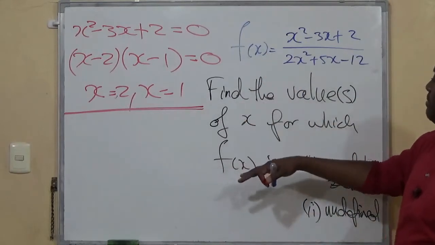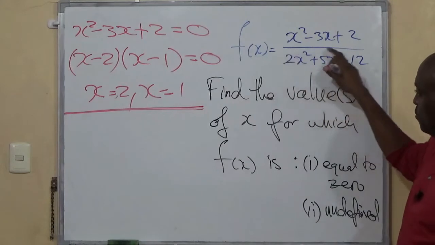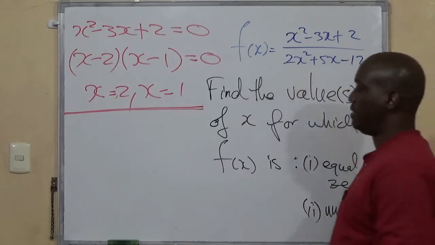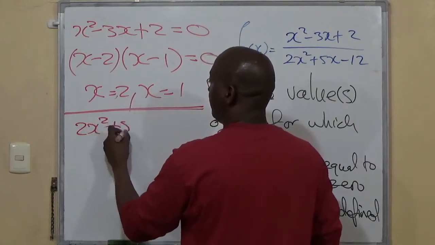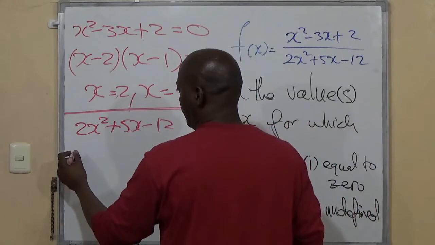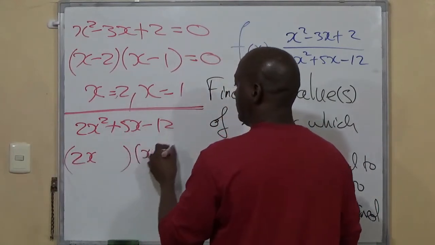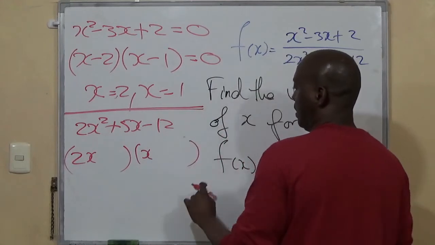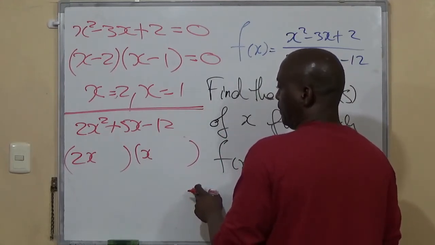To find the values of x for which the function is undefined, you equate the denominator to 0. So you take 2x squared plus 5x minus 12. You factorize, you get what? Let me see. 2x into x. 2 by 4 is 8.